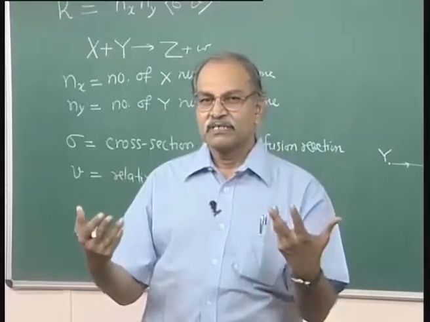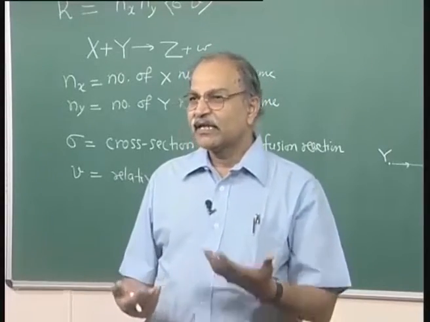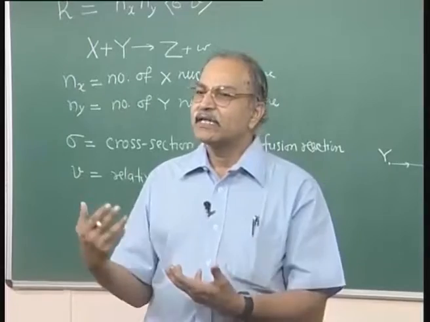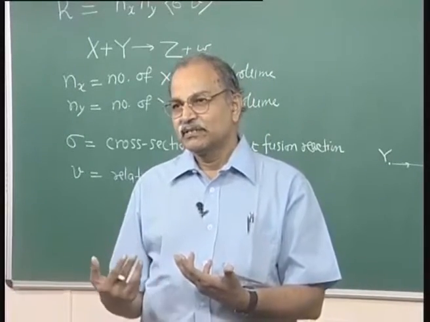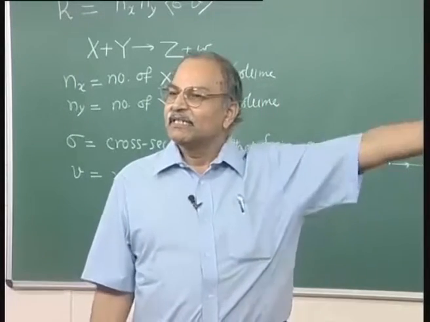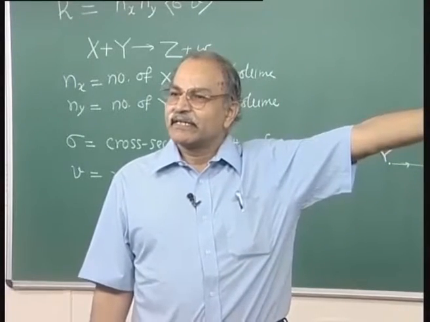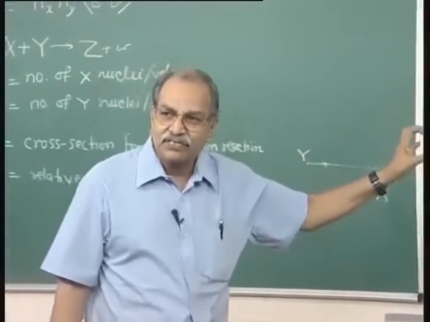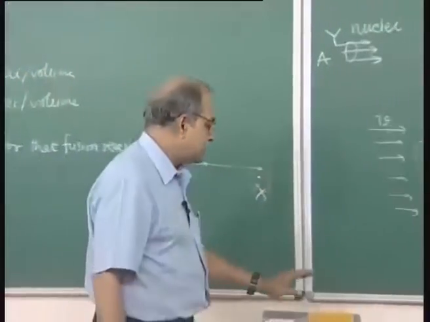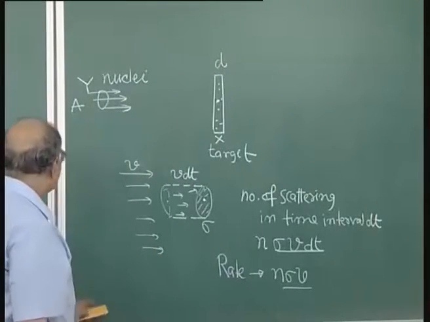You have electrons, you have these positive nuclei, and they are all moving in random directions and with random speeds. So, not like a beam coming in a particular well defined direction, but essentially the idea remains, and finally you get that sigma v term there also.